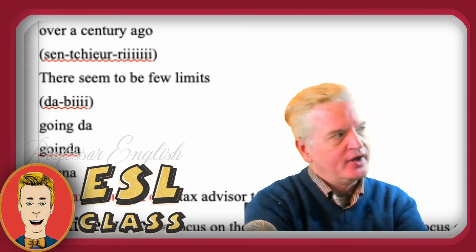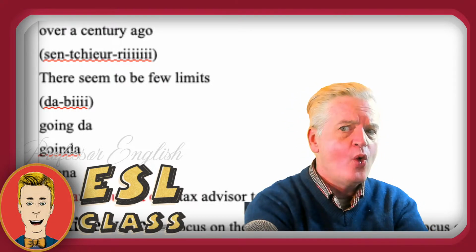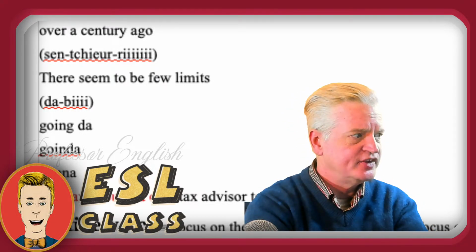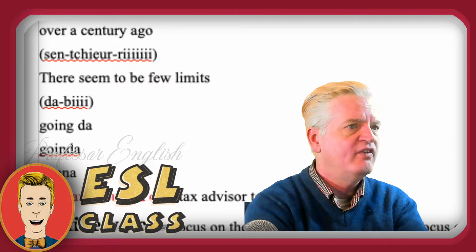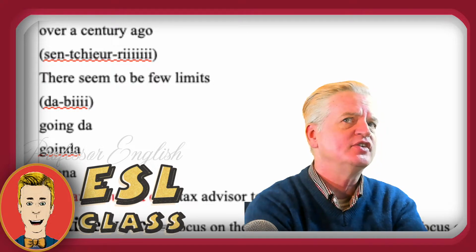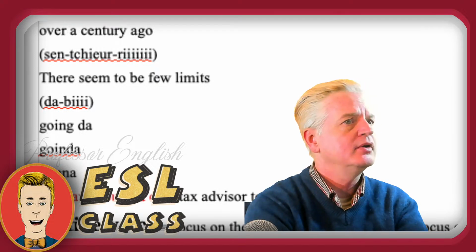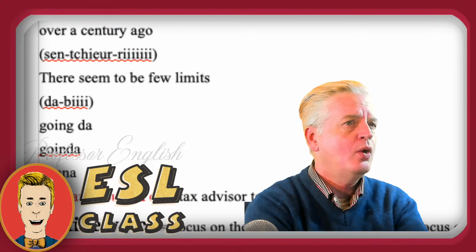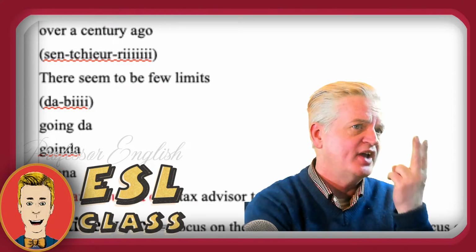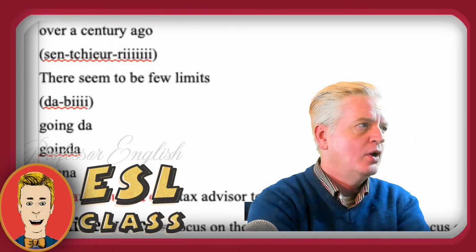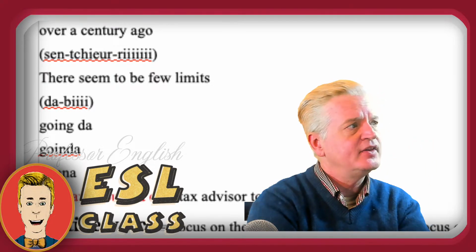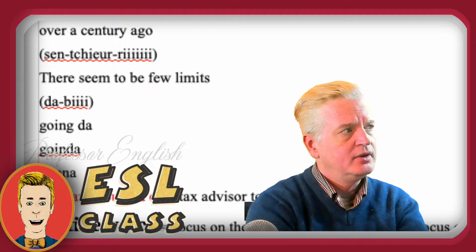Okay, let's move on to the next phrase. Over a century ago. Over. So we've got 2 vowel sounds there. What is the first vowel sound? Is that long or short? Over. That's very long. It's 2 sounds. And then the second vowel sound is short.